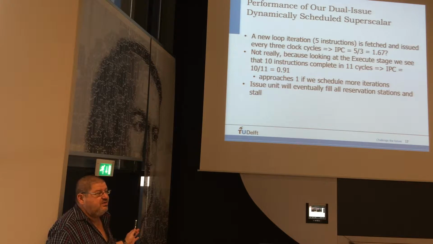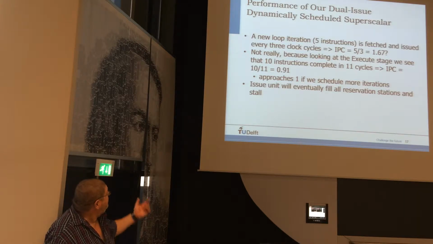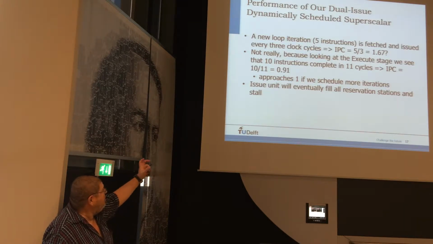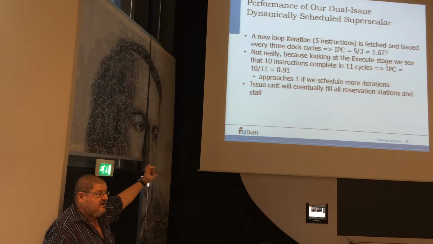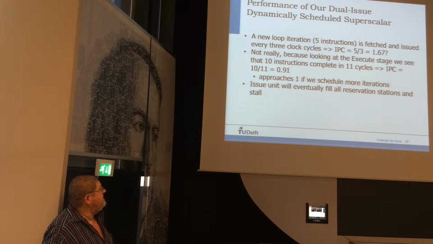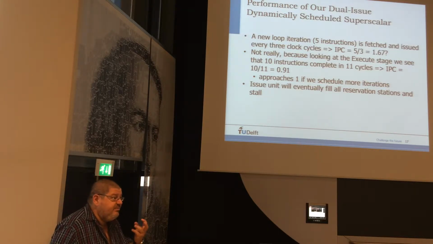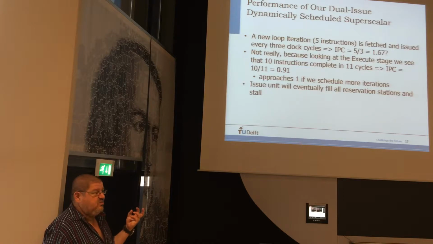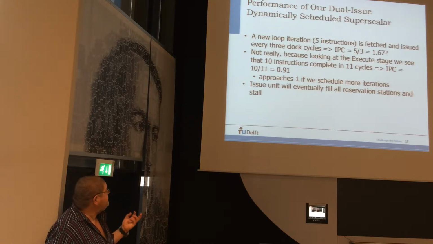But is this true? It is not, because I should look at the number of instructions that I can complete. And if I look at this execution, I see that I can complete 10 instructions in 11 cycles. Then my IPC, my real performance, is under 1 instruction per cycle.